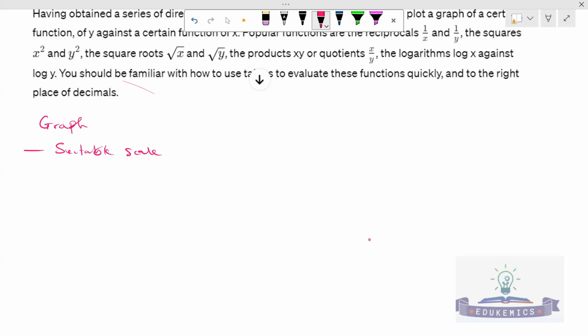So scales can be written as maybe 1 centimeter represents 1 unit.